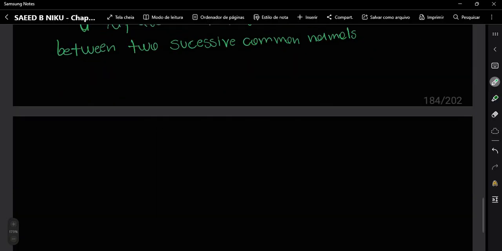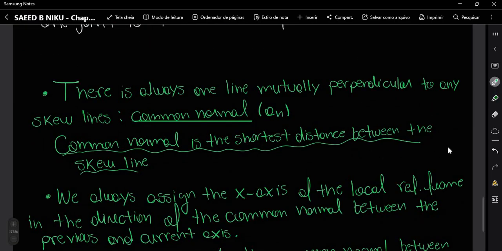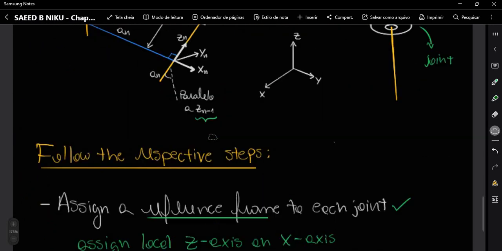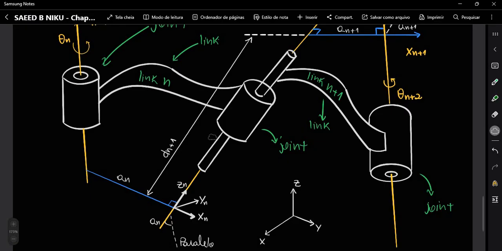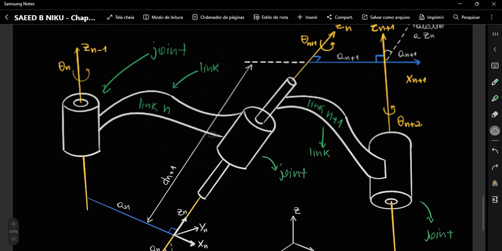And to be more exact in detailing the common normal, again, it is the shortest distance between the skew lines, these lines, the axis, and also the length of this link.